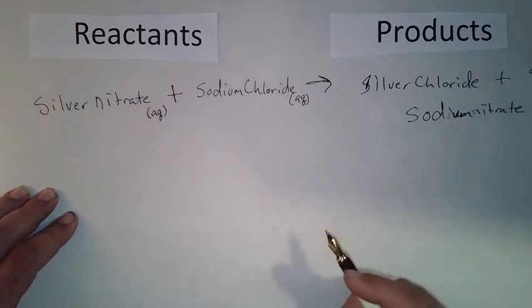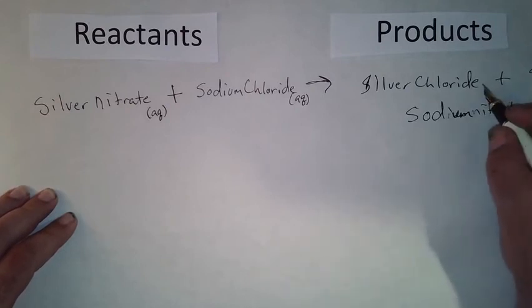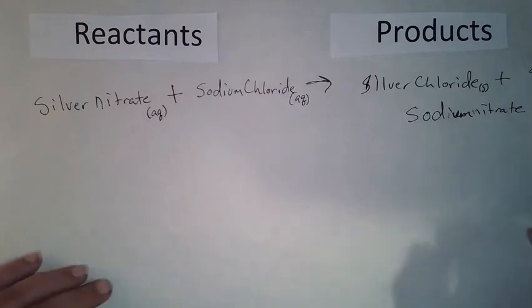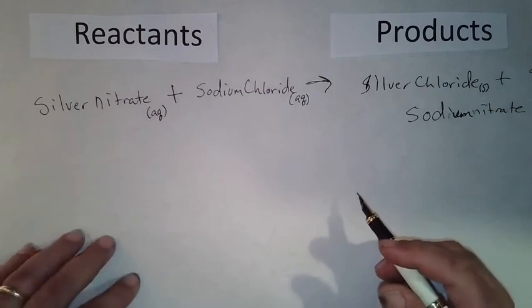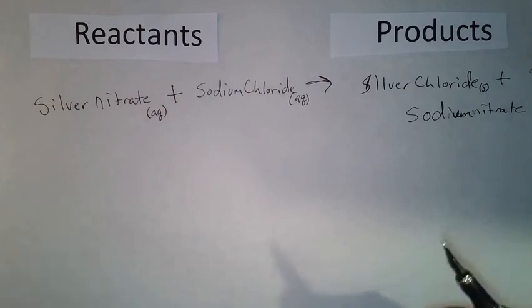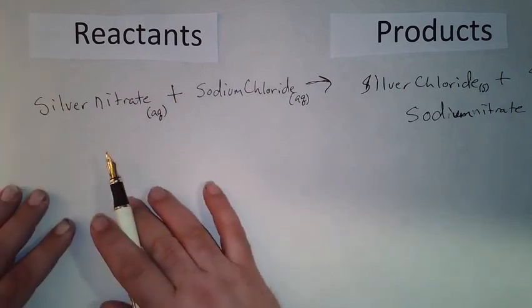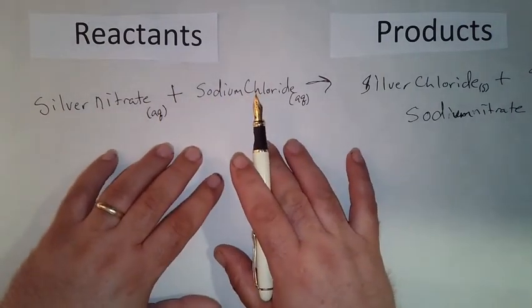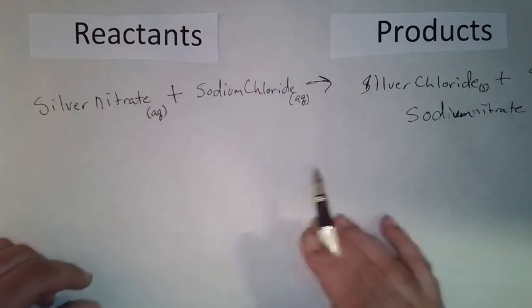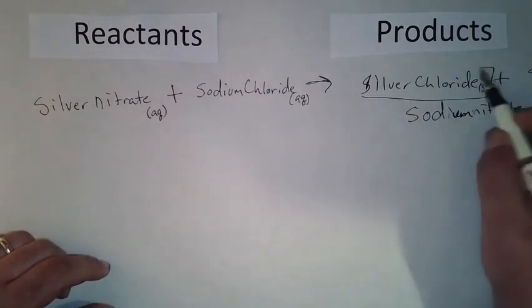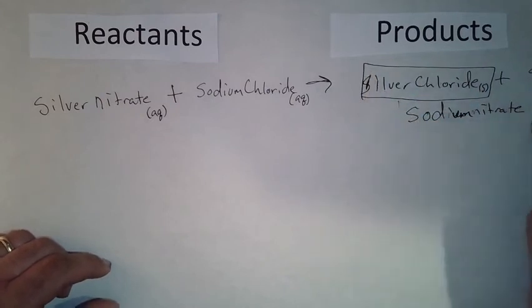Now, when this happens, they're going to tell you that this one is actually a solid. Later on in the year, we're going to talk about how that has to be a solid in order for this reaction to be considered to have taken place. Right now, all we need to know is if I say that you start with silver nitrate plus sodium chloride, both in an aqueous solution, mixed together, they will form a new solid and a new solution.